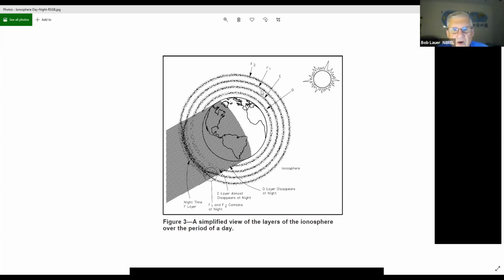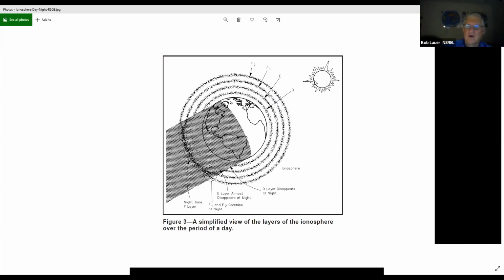Now, all this ionization that's going on is different at different parts of the year and through different years. The ionization is affected by stuff ejected from the sun, and up to a point, the more ionization, the better.